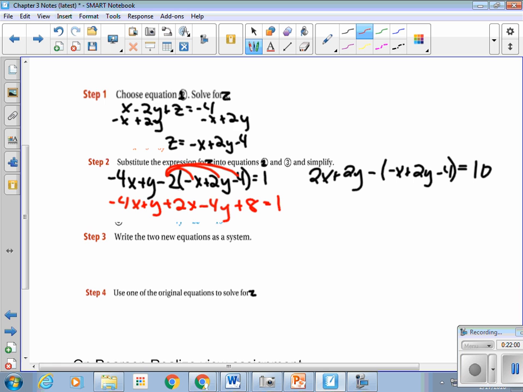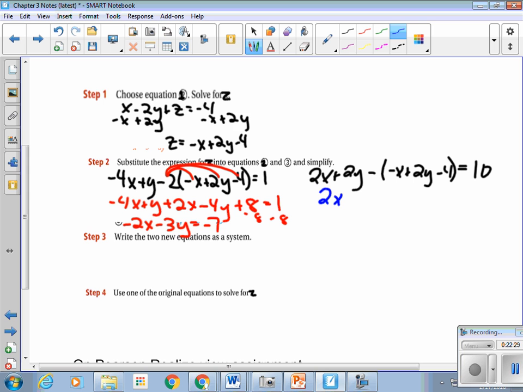Negative 4x plus 2x is negative 2x. Y minus 4y is negative 3y. I'm going to subtract 8 from both sides. So I get equals negative 7. All right, next. I just moved the 8 over to the other side.